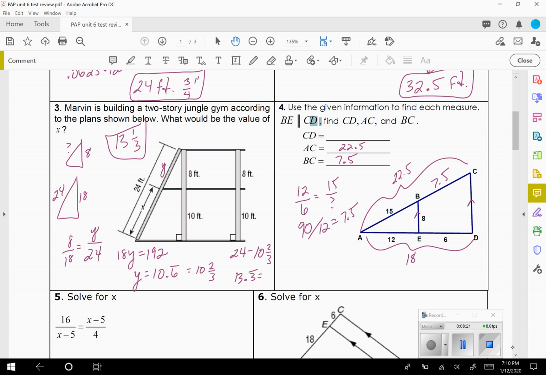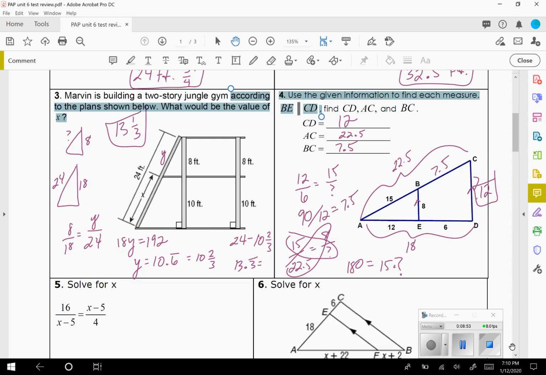So anyway, 15 to 22.5 would be equal to 8 over CD. That's our question mark. So just multiply here. So we get 180 is equal to 15 times we don't know, divide by 15, and so you get that this guy is 12. So CD is 12. All right, very good.